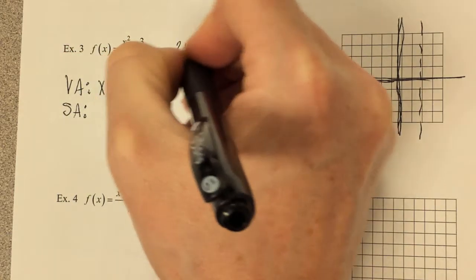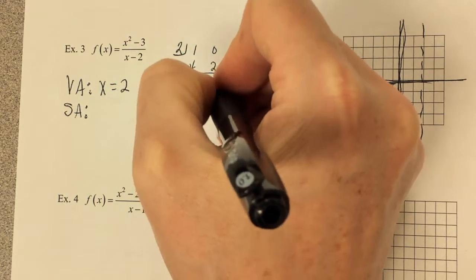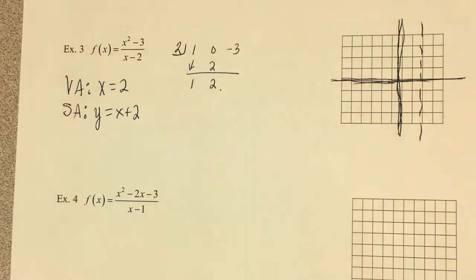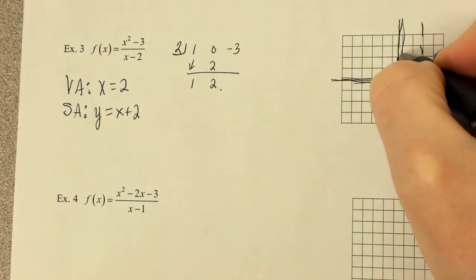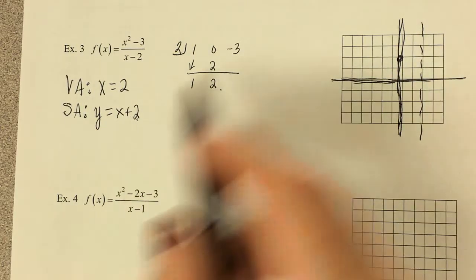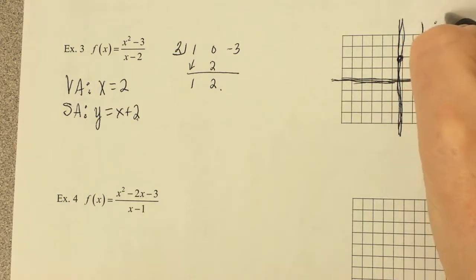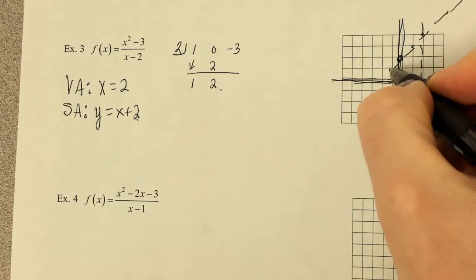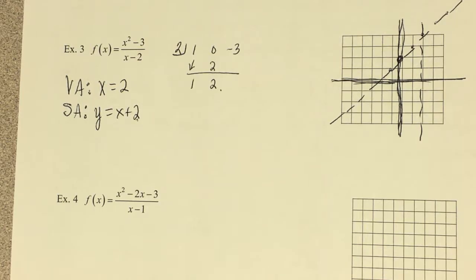So I put my 2 in there, 1, 0, negative 3. As soon as I get to this point, I know what it is. So I've got y equals x plus 2. And so now I'm going to graph that slant asymptote. The y-intercept of it is 2, and then the slope is 1. So I go up 1 over 1. So it's going to look like this. There's our slant asymptote.